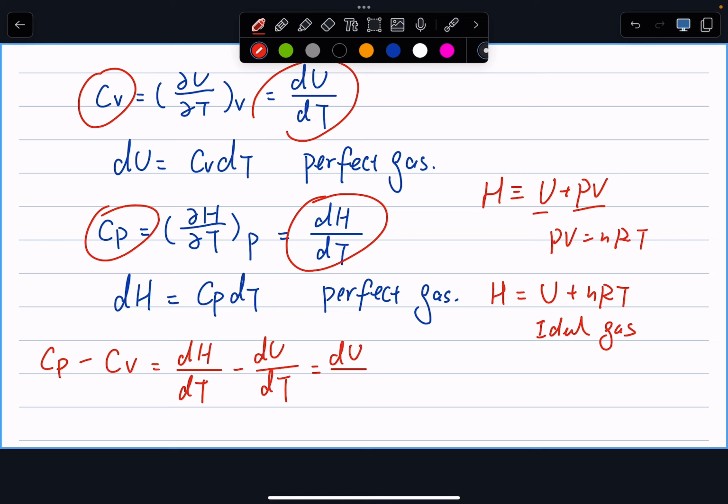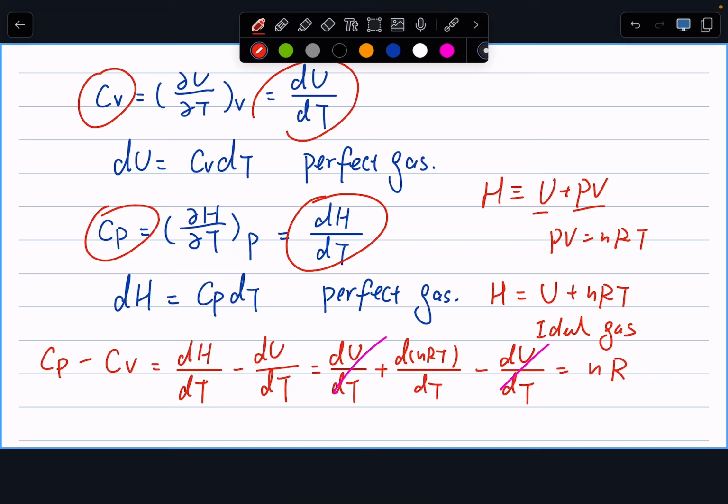So rewrite it as du over dt plus d nRT over dt minus du over dt. Now it becomes quite obvious to solve this differential equation: it equals nR.